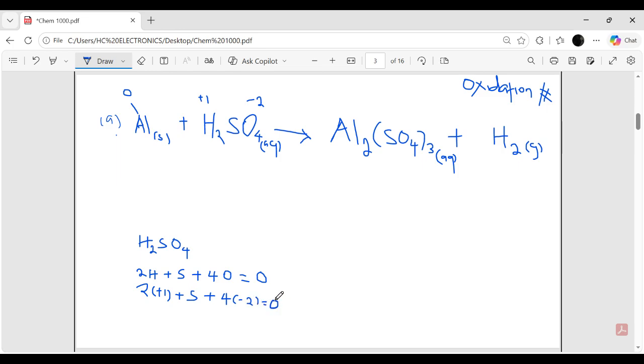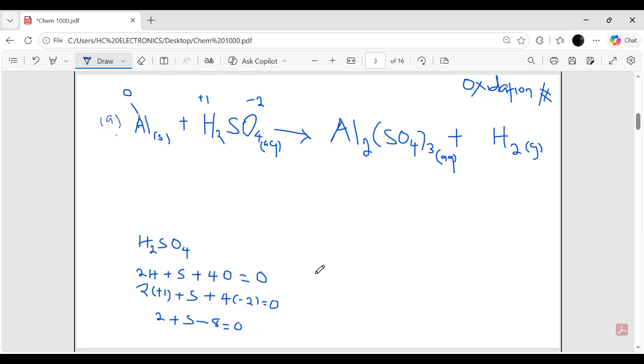Okay, then 2 times positive 1, that will be 2, plus the sulfur, plus positive 4 times negative 2, that will be minus 8, which is equal to 0. Then 2 and negative 8, they can subtract. So 2 minus 8, that will be negative 6.